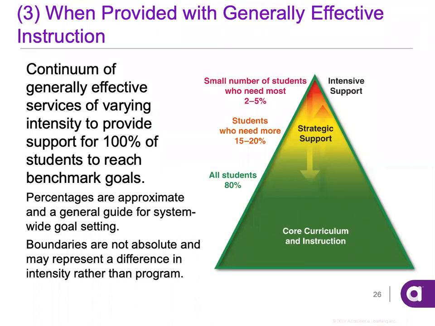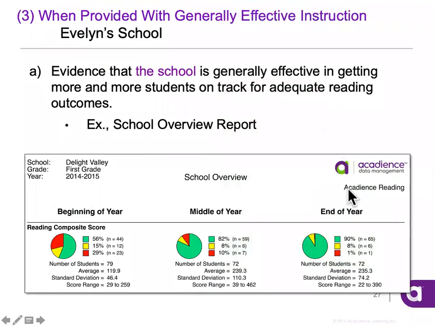So this is what I meant when I said it's not just about evaluating the student. We have to be evaluating the instructional context as well. And we have to be able to demonstrate that this individual student, let's say Evelyn or Otis, was educated in a generally effective classroom or grade level environment. So here's what the overview report from Acadience Data Management would look like across the year.